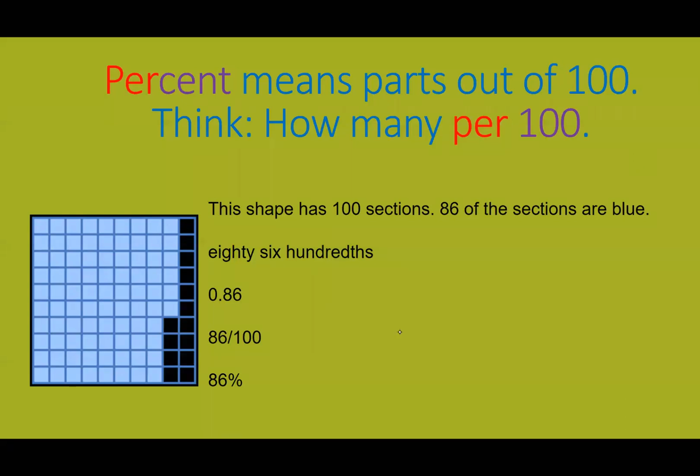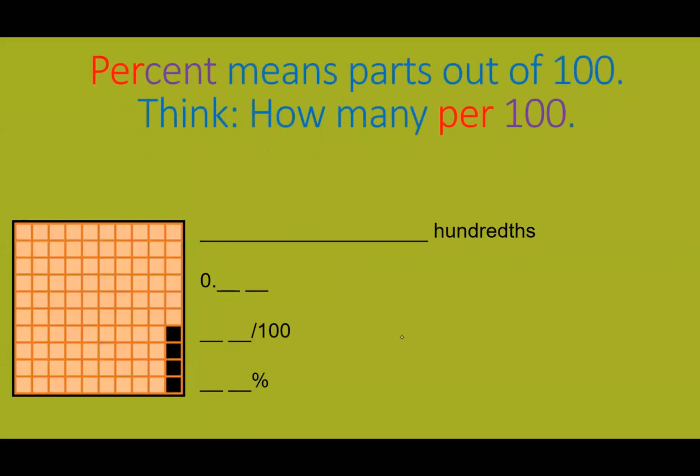Okay, boom. So now we're still thinking about how many per 100. Let's talk about how many hundredths do you see shaded here. Now remember, this is 1, 2, 3, 4, 5, 6, 7, 8, 9, 10, right? There's 10 in that column. And here's another 3, 4, 5, 6, 7, 8.